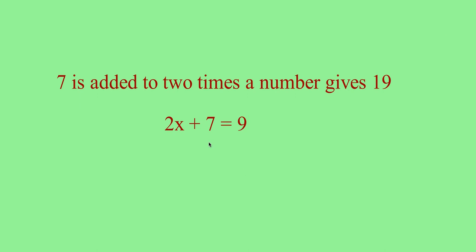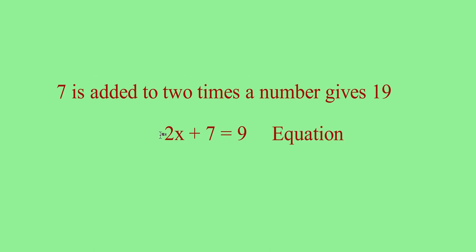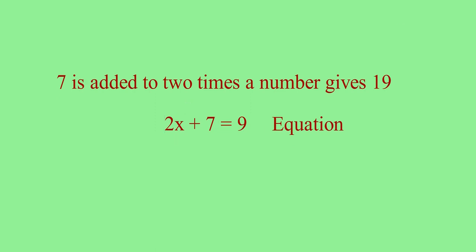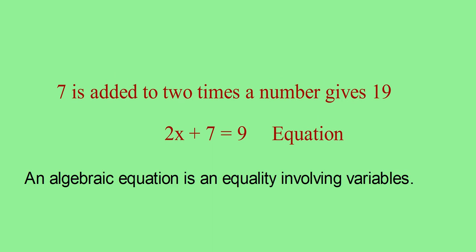Here 2x plus 7 is equal to 9, we can call an equation. An equation is nothing but an expression containing an equal sign. Or we can define an equation as: an algebraic equation is an equality involving variables.